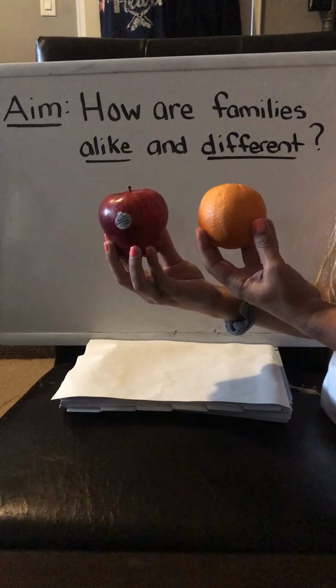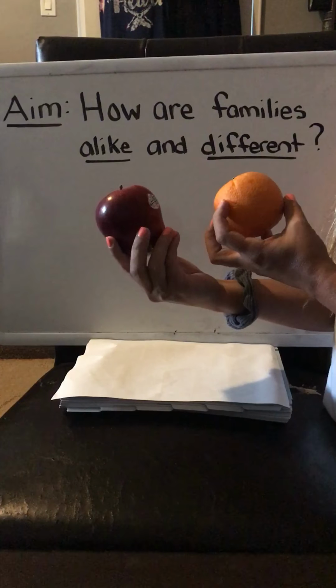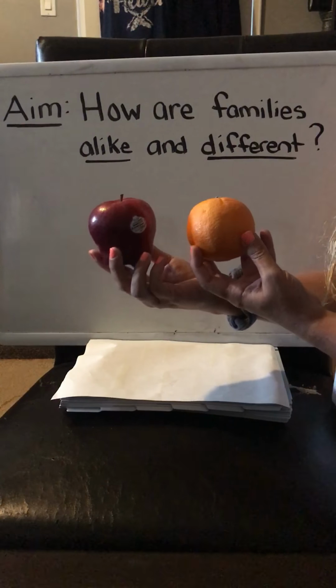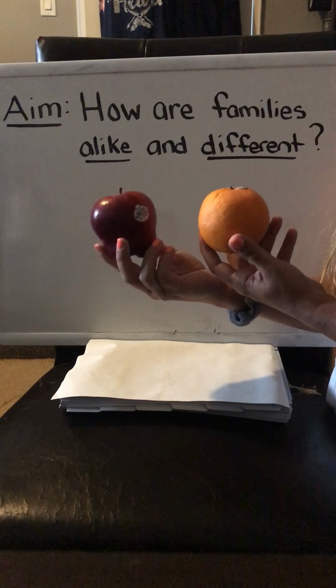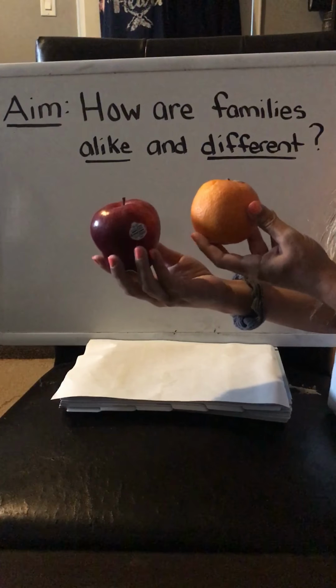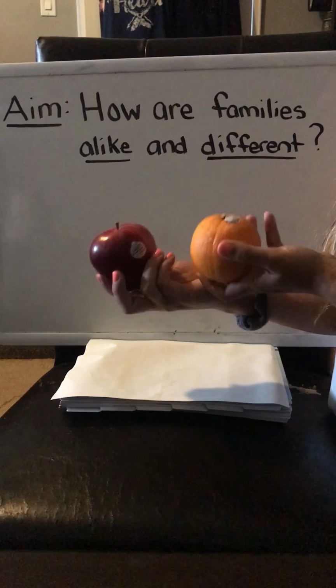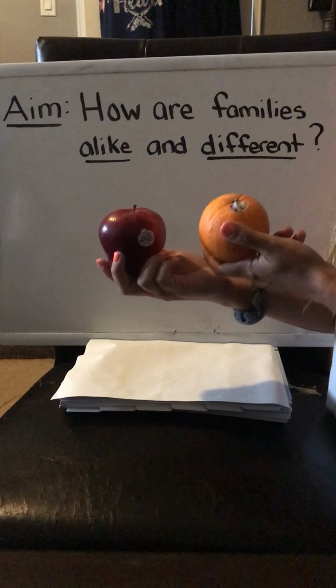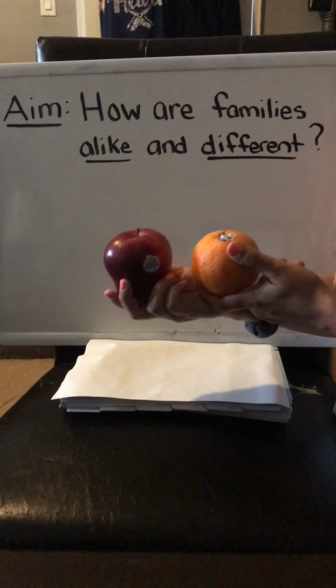We could also say that they are the same because they are both round. Now, a difference is that they're different colors. Maybe they even taste different. So as you can see, they both have some similarities. They are both alike in some ways, and they're also different in some ways.